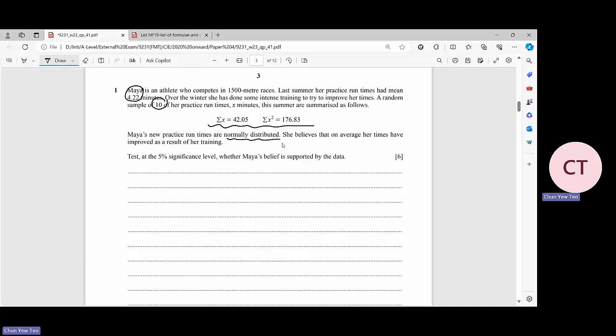Since it's normally distributed, it must be a t-test, because the n is 10, less than 30. So what you need to do is state the null hypothesis.